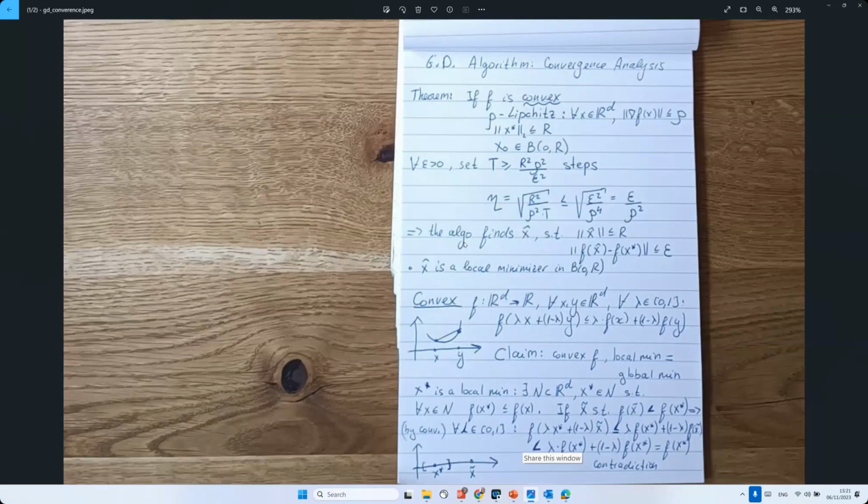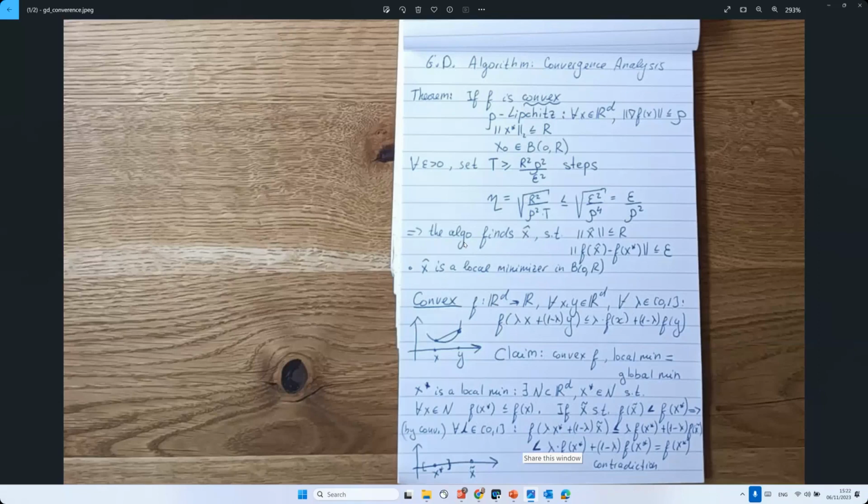Now let's take any two points, x and y, on the x-axis, and connect f of x and f of y, which are points on the graph, with a straight line. Then look at the graph of the function between these points x and y. If the graph of the function lies under this straight line connecting f of x and f of y, and this is true for any two points, then the function is convex.